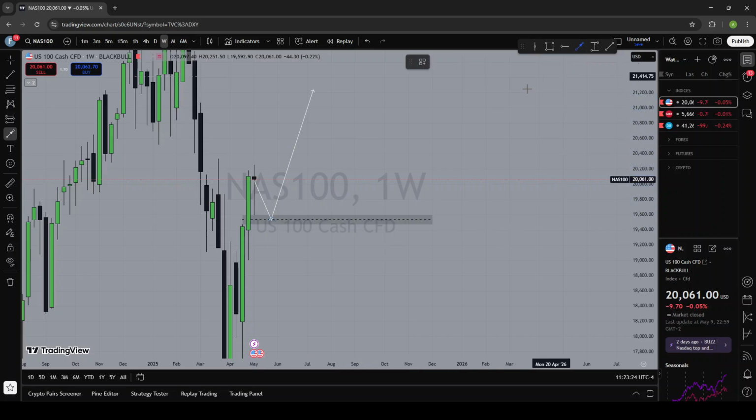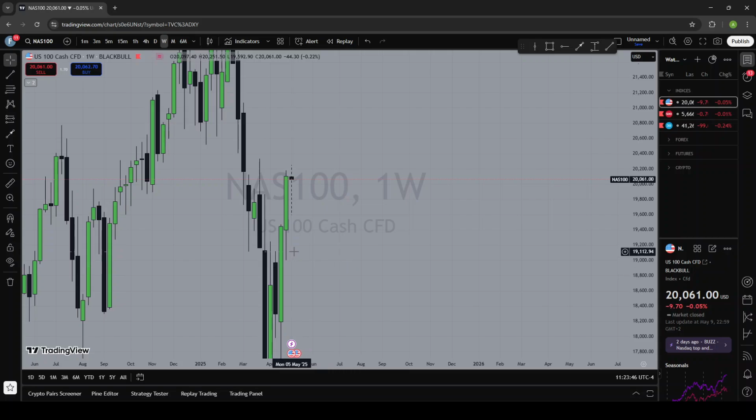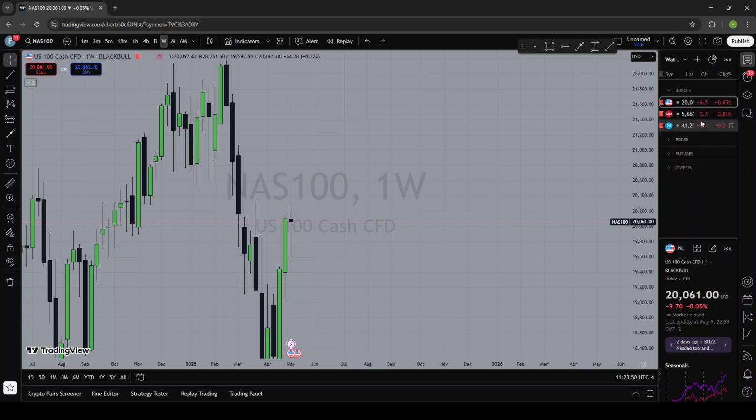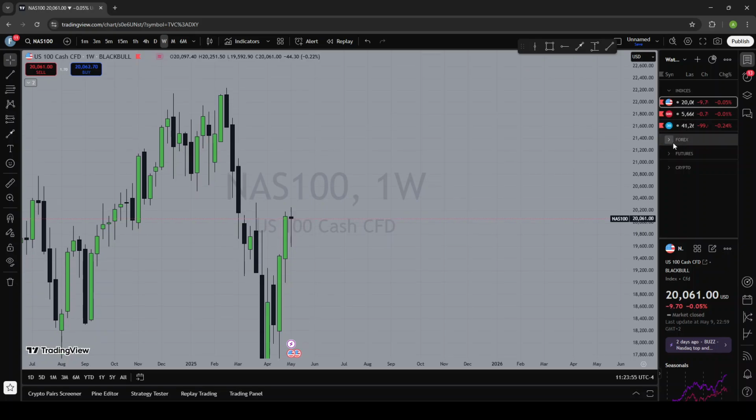Or, I don't know, maybe it might sweep this high, run down to here, then go higher, and go down. It's the market, multiple scenarios. But I'm just pointing out points of interest that you should be looking at in case price reaches a certain level, or points of interest that I personally would be looking at.